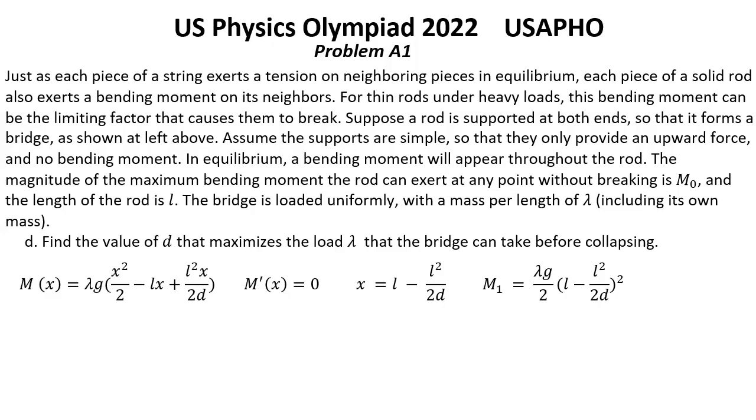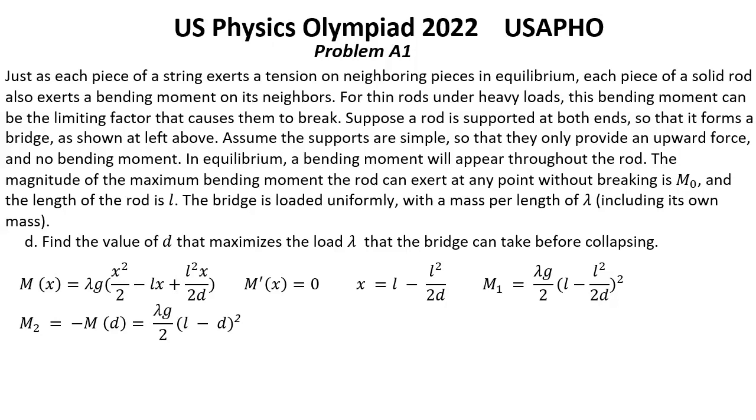Therefore, the most negative value of the bending moment occurs when x equals d, giving the bending moment of magnitude m2 equal to this expression. As another check, this matches the answer to part A for a rod of length L minus d, which is correct.